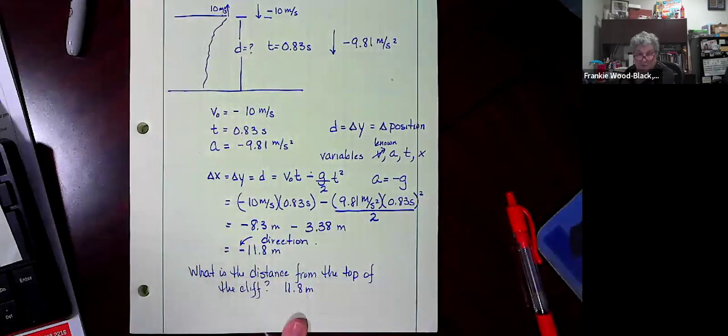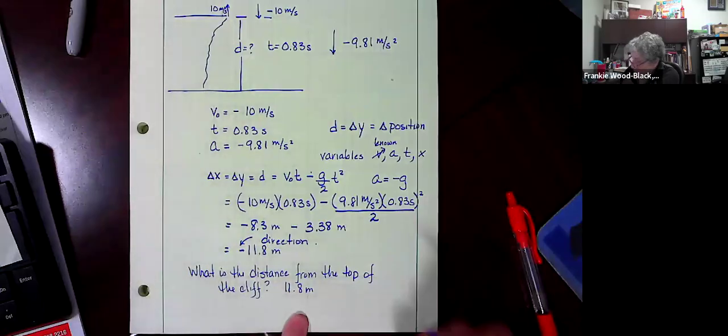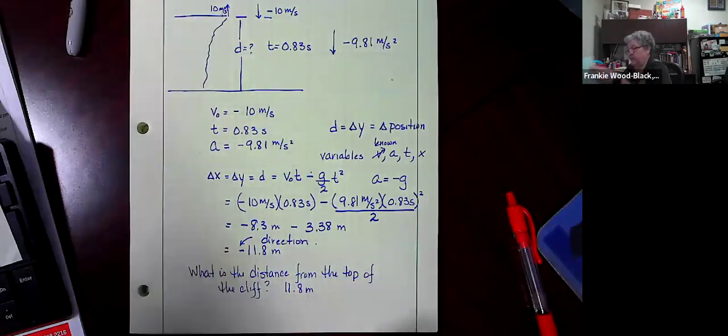So we're able to do that calculation to show what the direction is. So this is the distance, and this was our part A.